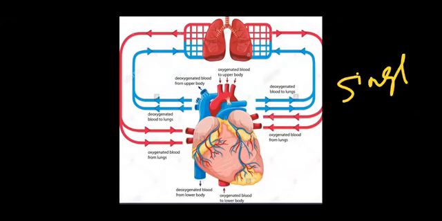It means through their heart blood flows only once. This is called single circulation, which is there in the fishes.